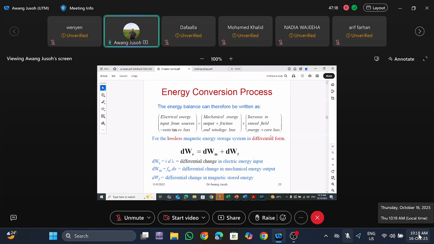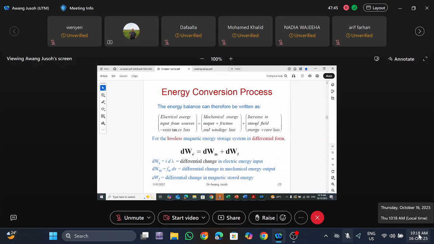Depending on the system, if you energize, you say increase. If you de-energize, I mean decrease. The word increase or decrease depends on the phenomena that happen in the system. If you energize the system, you increase the energy stored in the magnetic field. But if you de-energize, you remove the energy, that means we decrease the stored field energy.